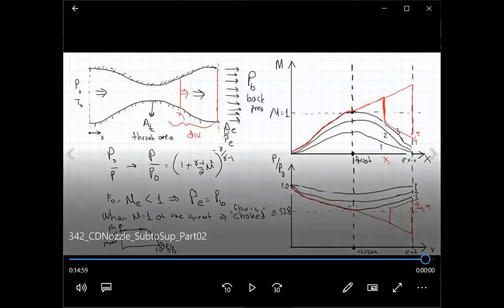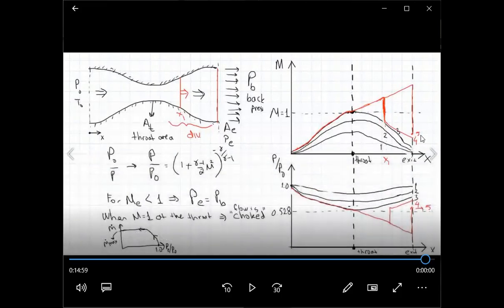So that was kind of a summary. Right now, that specific P exit value has not been reached in this video. We have reached scenario 5, and at scenario 5 we still have a normal shock wave. Our exit pressure is still not low enough so that we can have a shockless, fully supersonic flow.